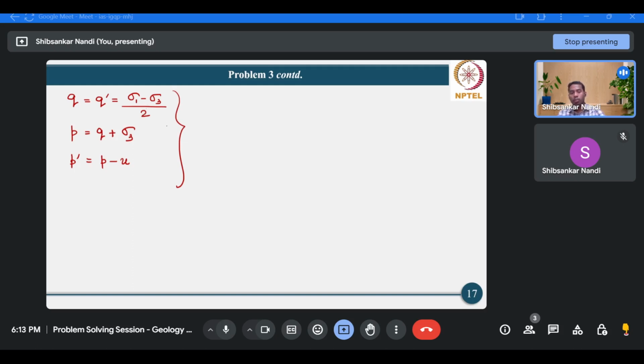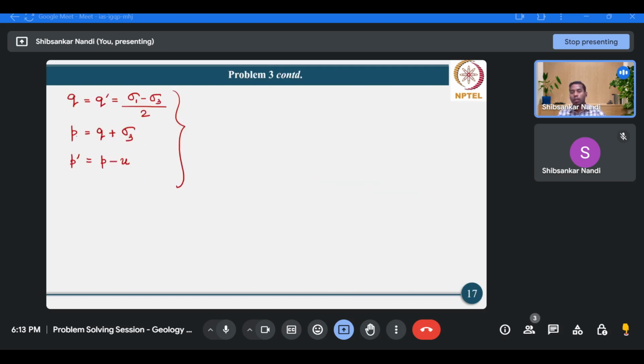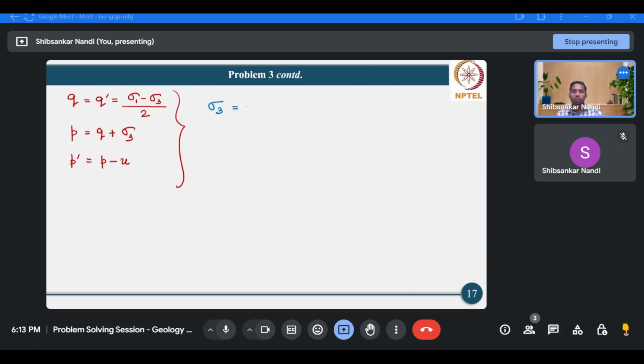Once Q or Q prime is obtained, we can calculate P as Q plus sigma 3, adding the confining pressure to Q, and P prime by subtracting the pore water pressure from P. Here sigma 3, the cell pressure, is 300 kilonewton per meter squared.